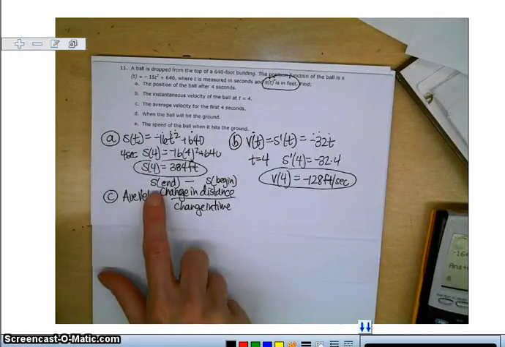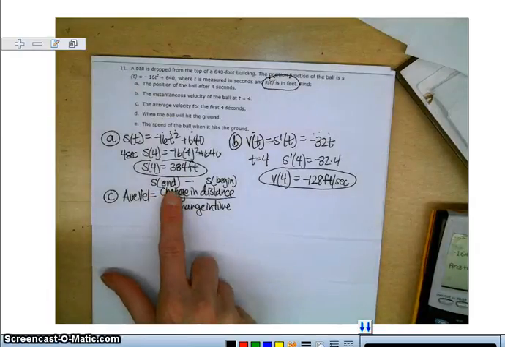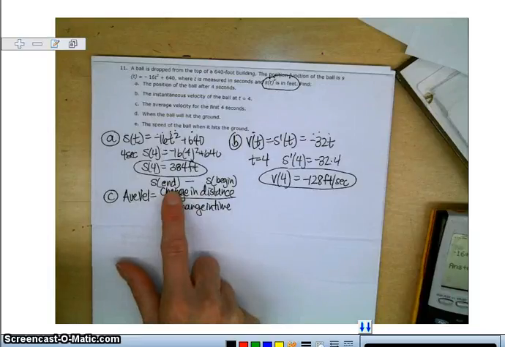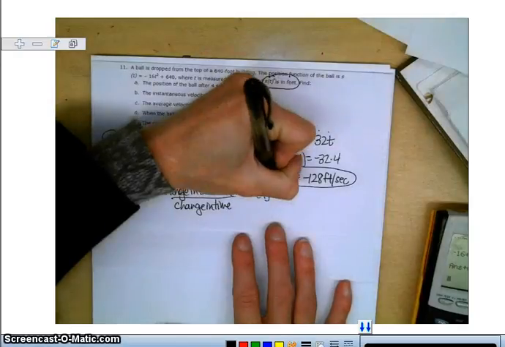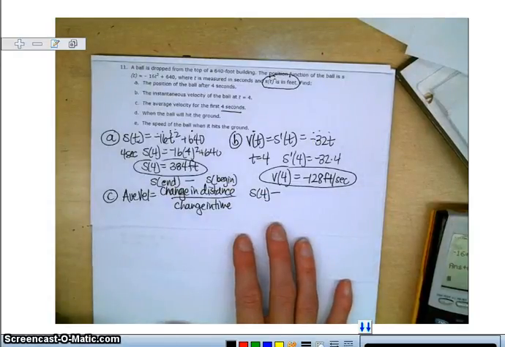So I have to take the position at the end time. What's the ending time in this problem? How many seconds have passed at the end? 4. Okay, so you're finding s of 4 minus what is the beginning time, 0.